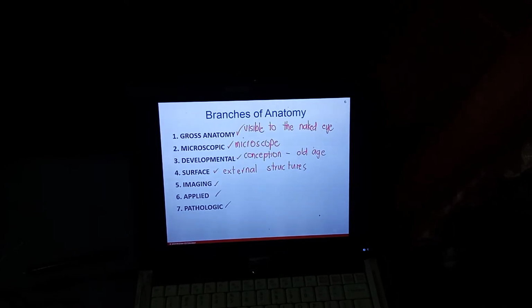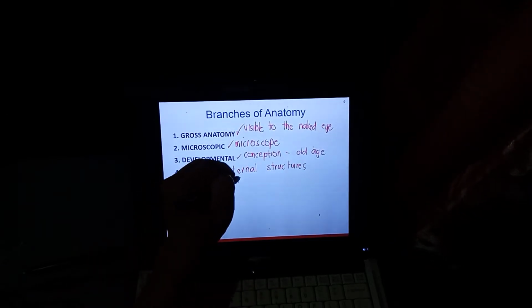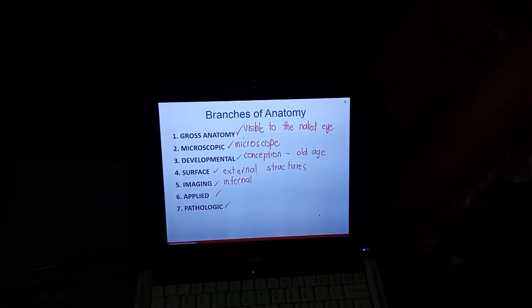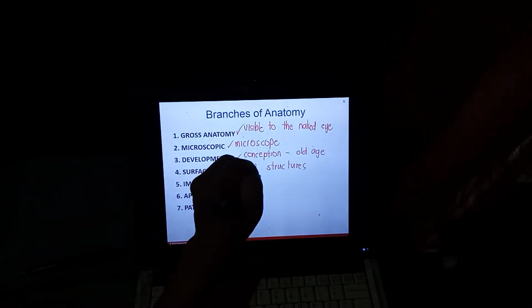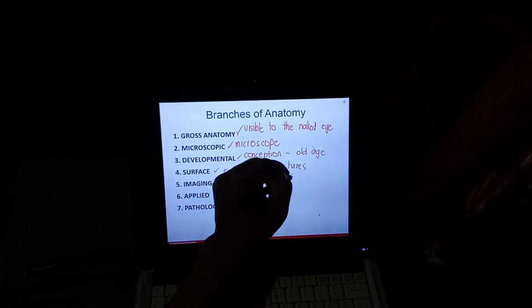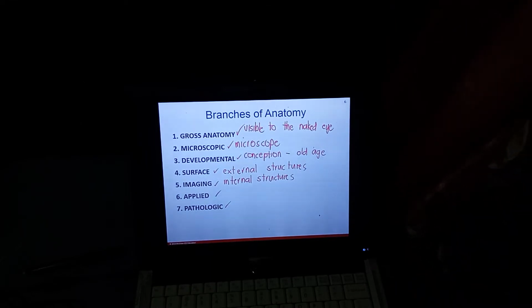How about your imaging? Imaging is a non-invasive method of creating a picture of internal structures. When it's external, that's surface. When it's imaging, that is internal; we have to create a picture of internal structures.